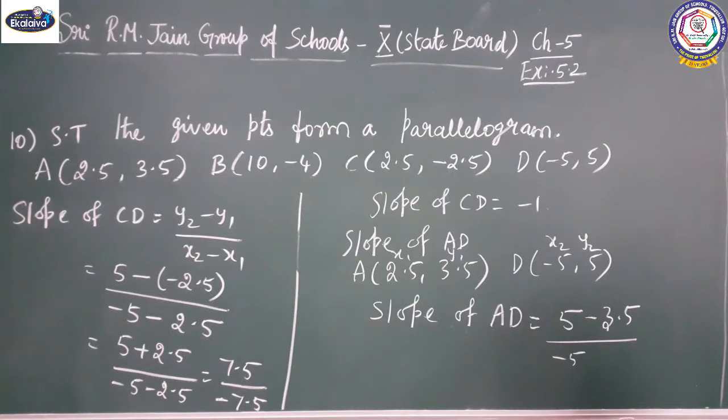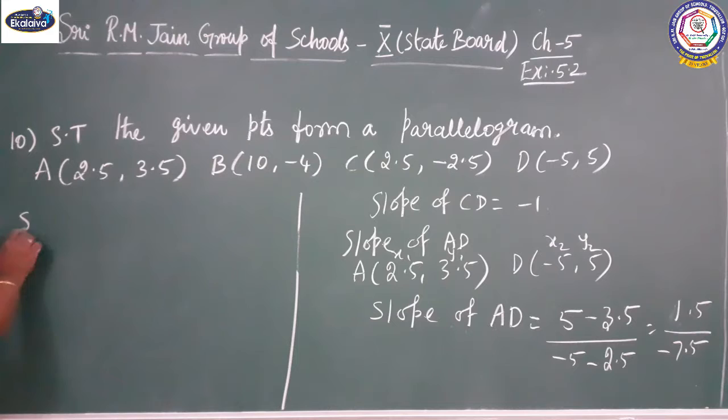x2 is minus 5 minus 2.5. So what is the value you are getting? 1.5 by minus 7.5.